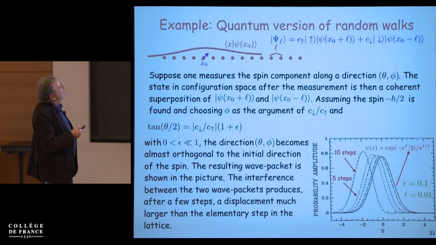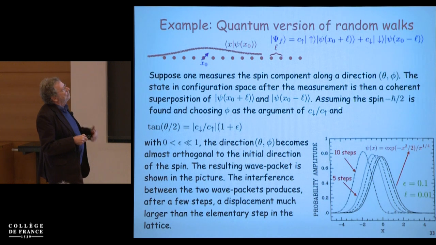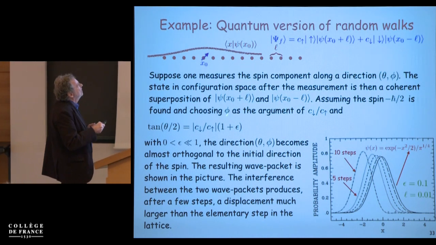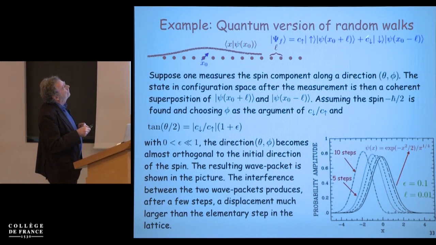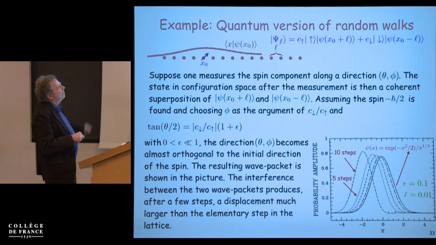Now, so we measure along this direction. Just to be precise, I'm not going to do the calculations here, but just tell you the results. Assume that the spin minus h bar over 2 is found when I measure along this direction. And I choose phi as the argument of this ratio here, which depends on this coefficient. So phi determines also the direction where I'm measuring.